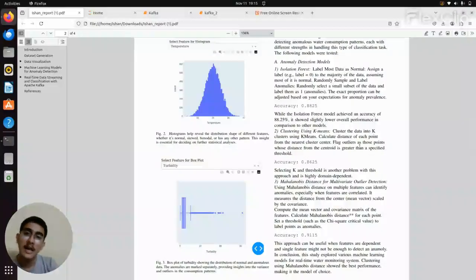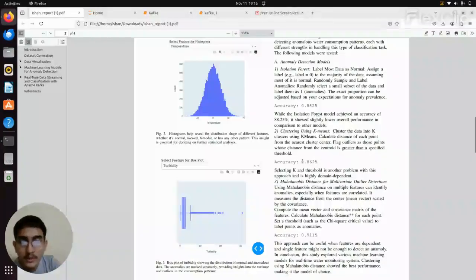The next method I have used is k-means. Since we do not have labeled data because we are trying to simulate the process, what I have done is use clustering, where I would cluster some points as a normal data set and some points as anomalies. I have trained k-means, which requires a hyperparameter, k.